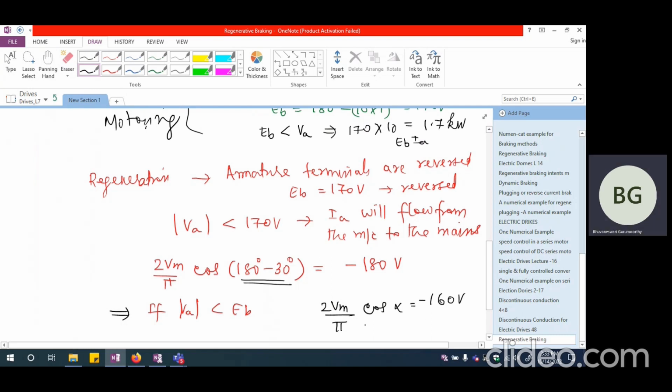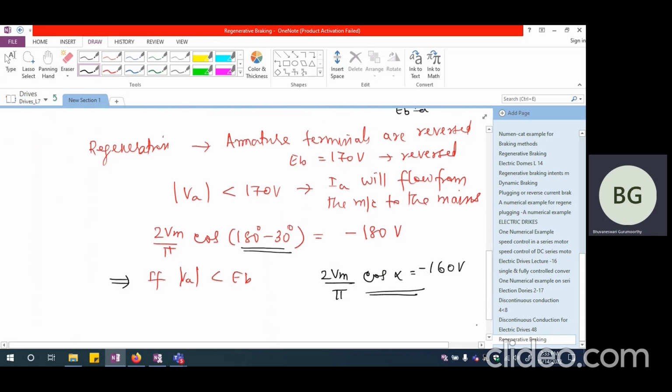If this is possible, then my machine will be actually working in the regenerative braking case. So 230 multiplied by 0.9, that is what 2 Vm by pi is, is about 207 volts. So I should say now 207 multiplied by cos alpha equal to minus 160 volts.